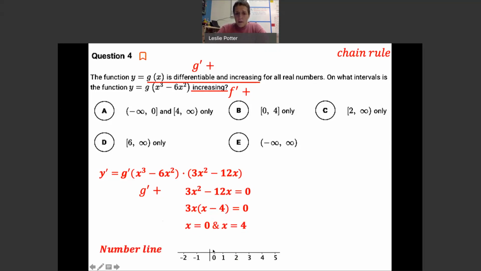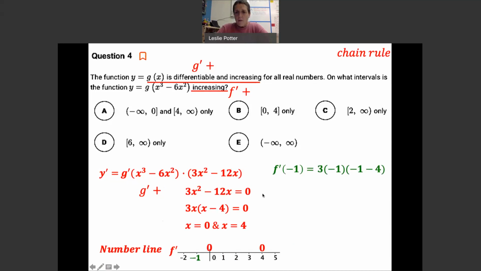So I'm going to put my zeros at 0 and at 4, and I'm going to test in. So let's test at -1. Really it boils down to sticking -1 back into just this expression, seeing if we have a positive or negative, because we're going to multiply it by a positive.